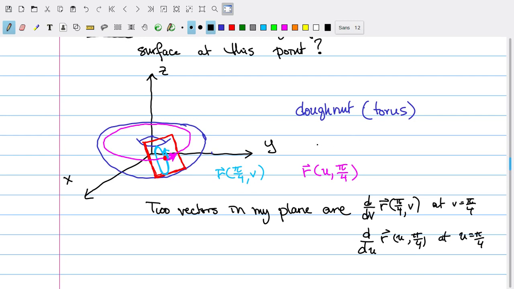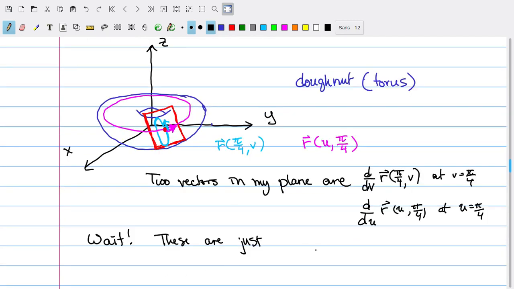Now, one thing that we might notice, of course, is that these are just the u and v partial derivatives of the r vector. These are just, I'll call it r sub u at the value pi over 4, and r sub v at pi over 4. So I've got two different vectors that are in my plane.